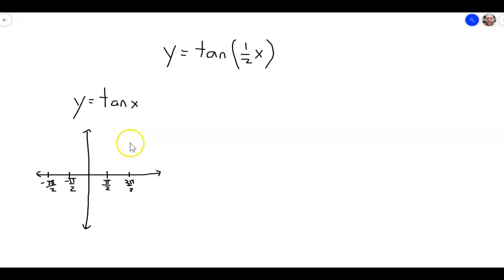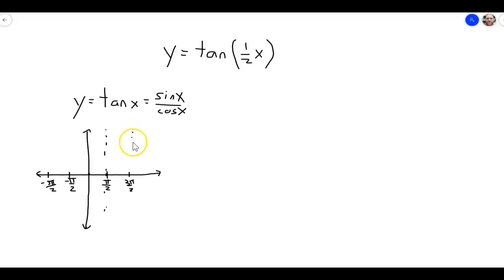So remember, tangent of x, we can also think of as equaling sine of x over cosine of x, right? So it's going to go through the origin right here, and we're going to have nice vertical asymptotes. Hold on just a moment here.